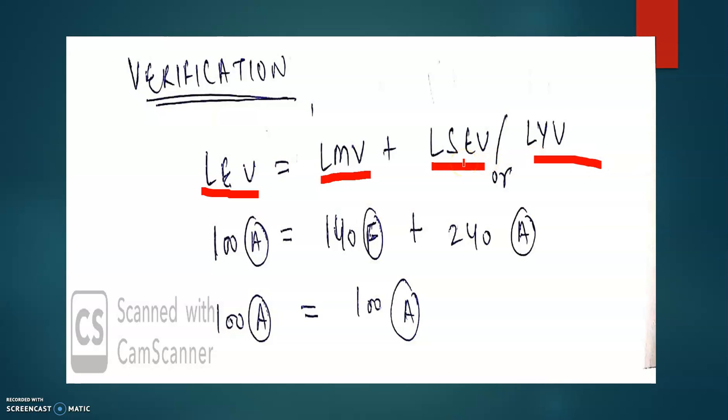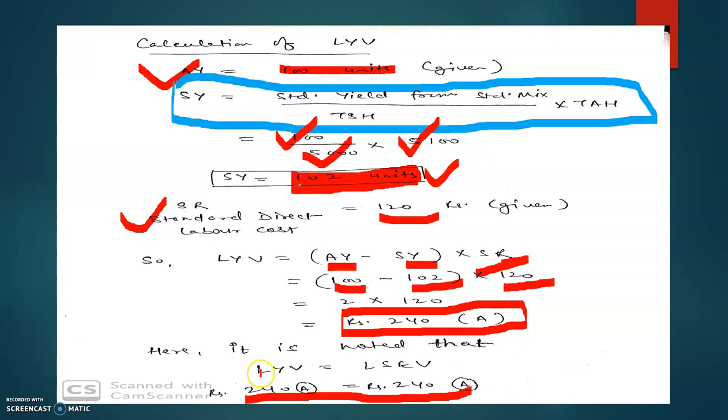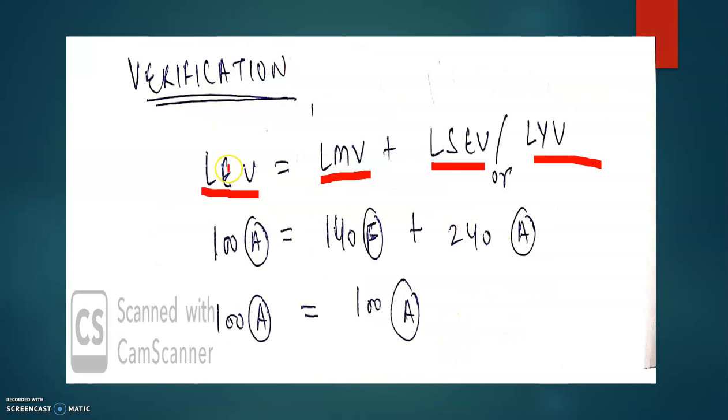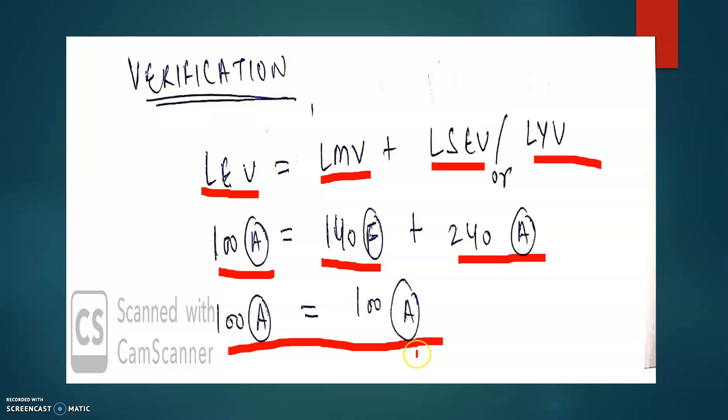As you have just seen in the previous slide, LYV is equivalent to LSEV. So LEV we calculated was 100 rupees adverse, LMV is 140 rupees favorable and LSEV is 240 rupees adverse. When we calculate this, we will find out that this is the same. So it is hence verified that all the calculations done by us are correct.